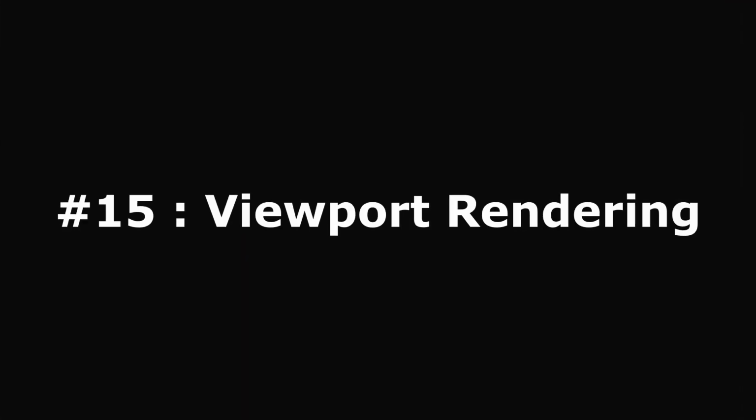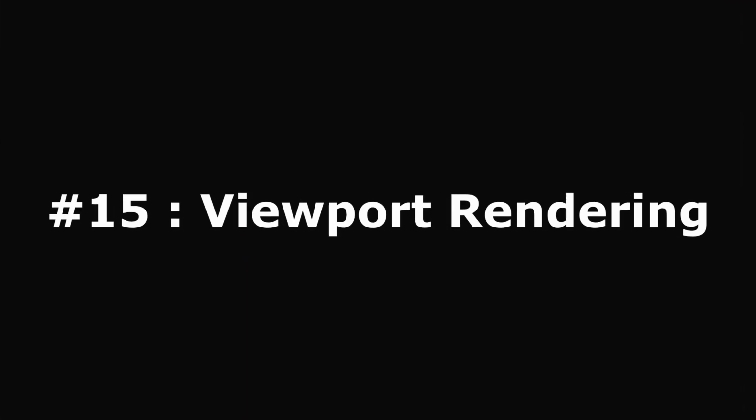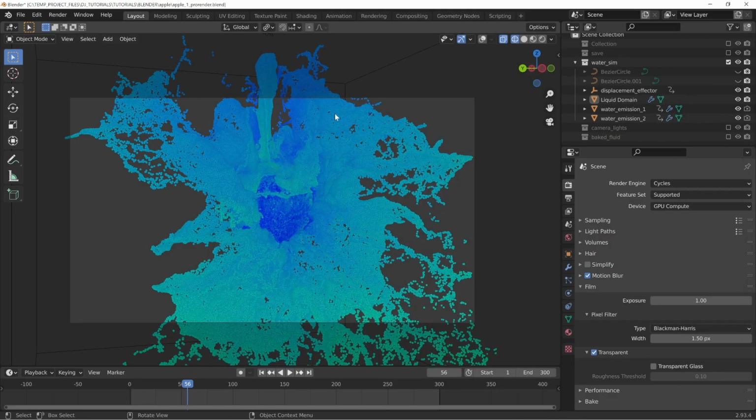When you're running your simulation, what you'll really want to do, if it's an animation, is do some test renders to make sure that everything is running properly. What I don't mean is adding a whole bunch of materials, setting up your render passes and stuff like that. What I mean is you can do viewport renders that will allow you to see the particle flow.